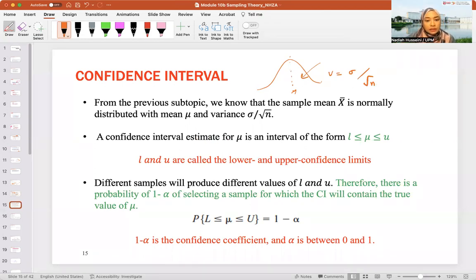A confidence interval estimate for mu is an interval of the form L less than mu less than U. L is known as your lower confidence limit, and U is known as your upper confidence limit. Different samples will produce different values of L and U.